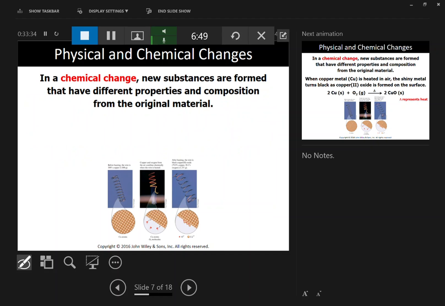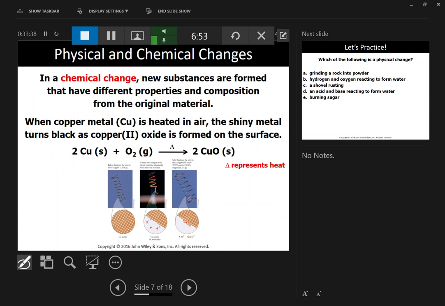And again, when you have a chemical change, the composition of the matter changes. The picture here shows a chemical change that copper metal goes through. Copper metal by itself is a shiny metal with that characteristic copper color.